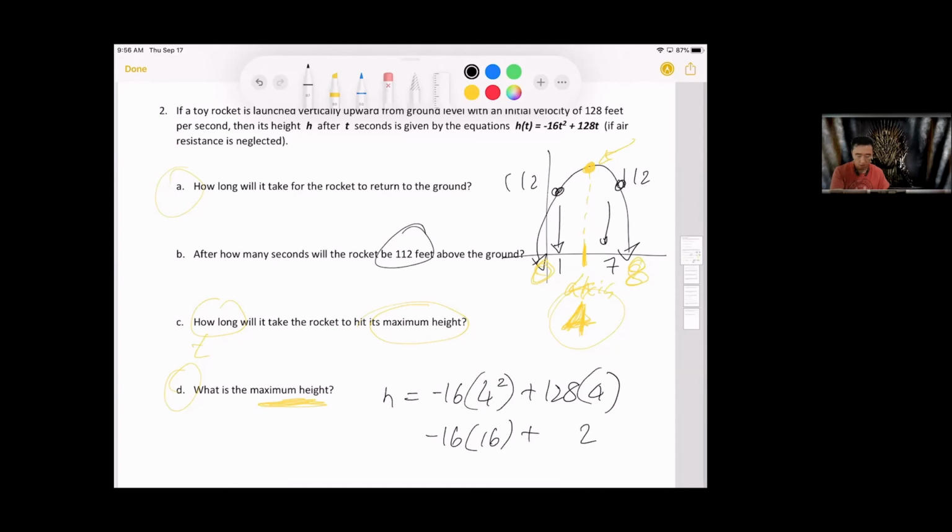What's 16 times 16? 256. Yeah. Negative 256 plus 512, which equals 256. Is it in feet? Yeah, it is in feet.